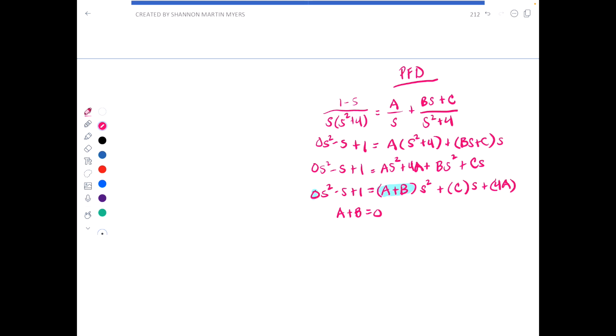We get that c is equal to -1. And then we'll get that 4a is equal to +1. So A will equal 1/4.